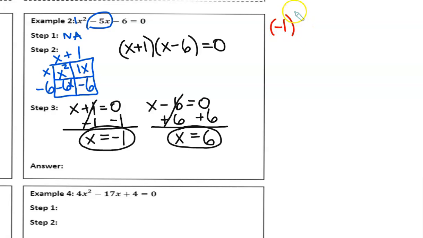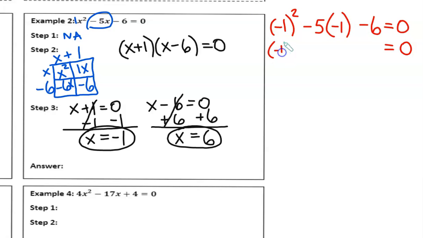So I'm plugging my first solution into the original. I got negative 1 squared, and then minus 5 times x, but in this case, x is negative 1, and then minus 6, and then equals 0. I'm going to keep the equals 0; we're just going to do math on this side. So negative 1 squared is negative 1 times negative 1, which is a positive 1.